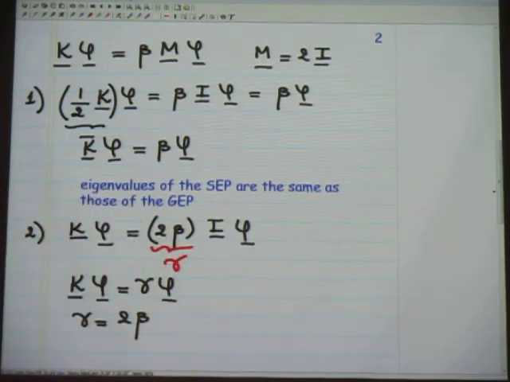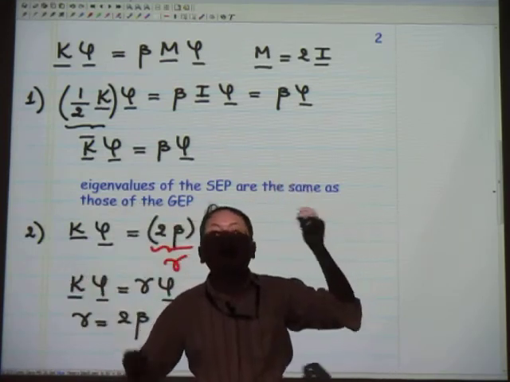So let's say we were doing the problem that we have in homework with mass 1.3. Then gamma would be 1.3 beta. Well, you need to follow the problem statement, because the problem statement tells you that the mass matrix is 2 times the identity matrix.